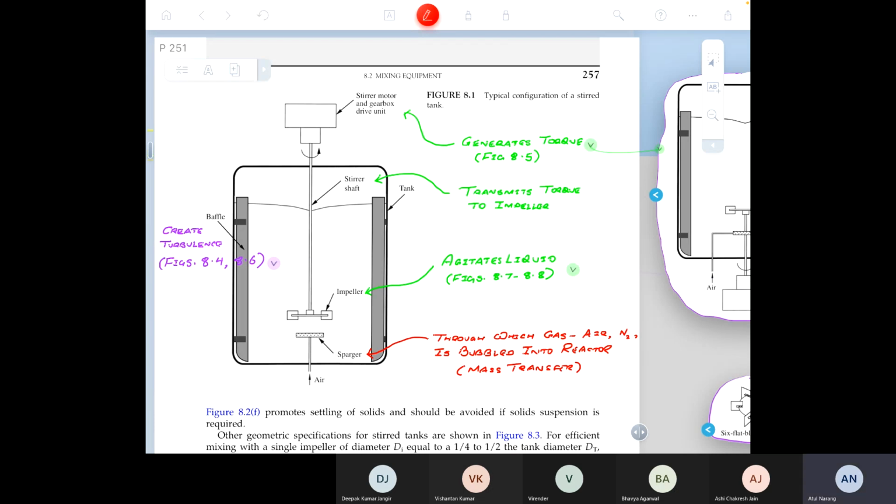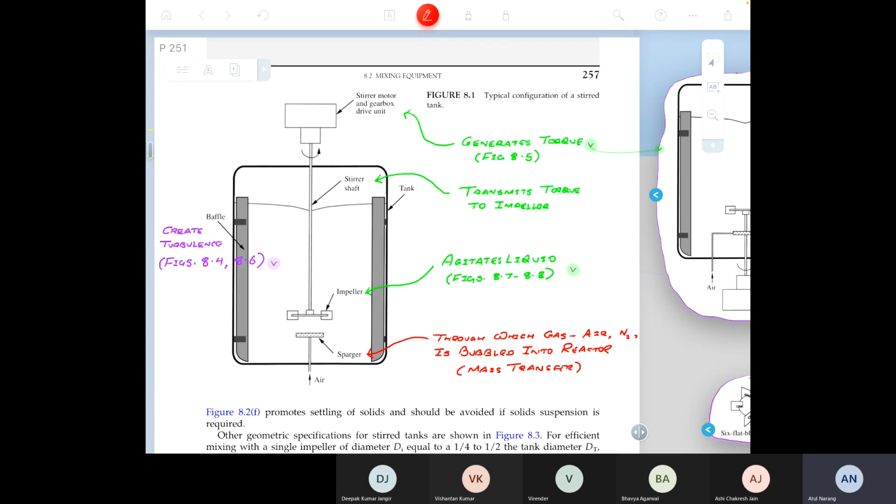And finally, you can see the shaded region consists of baffles. I'll come back to that in a little more detail. But let's flesh this diagram out in a little more detail.